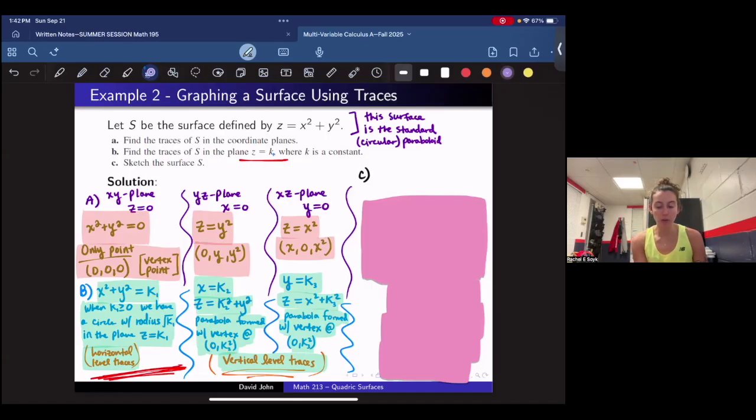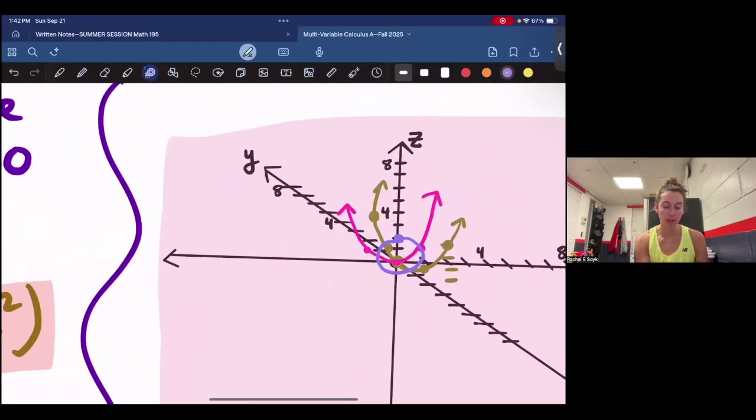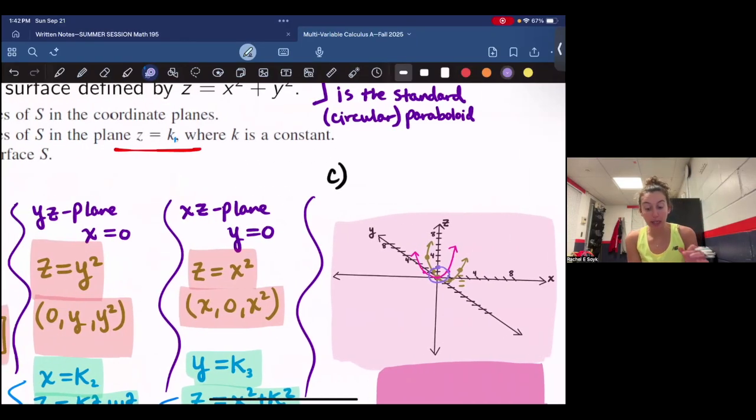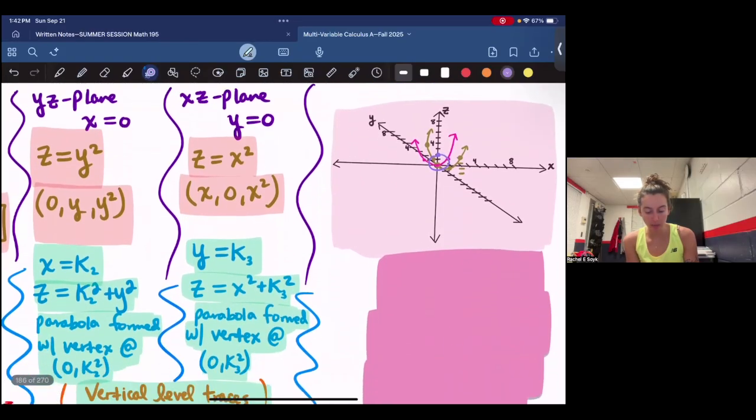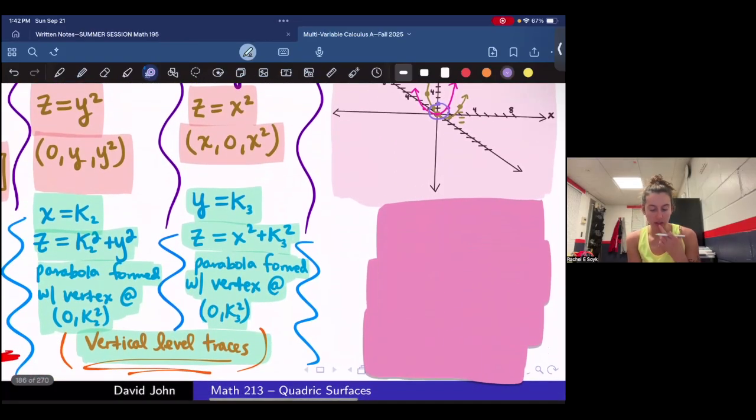And so if we were to sketch this out again, I am not the greatest when I'm graphing three-dimensional structures, so you might not be able to see it quite well through my visual, with the pink and the yellow being the parabolas, and then that purple circle being that horizontal circle. I don't think I put this into GeoGebra.